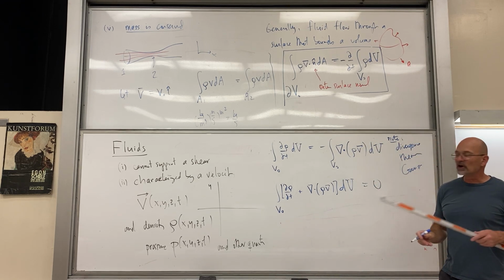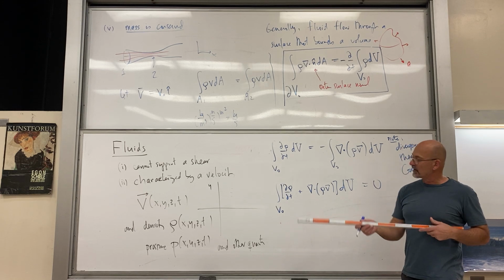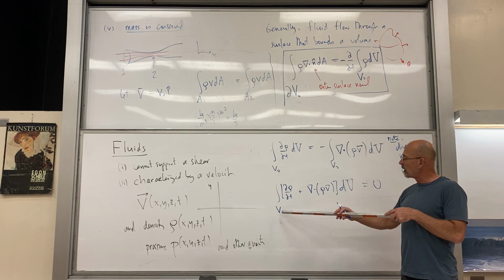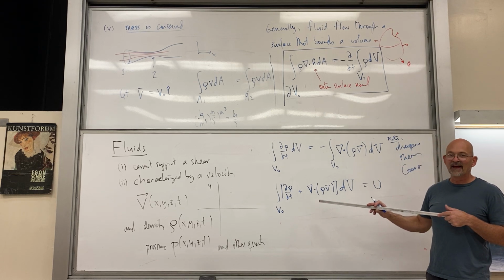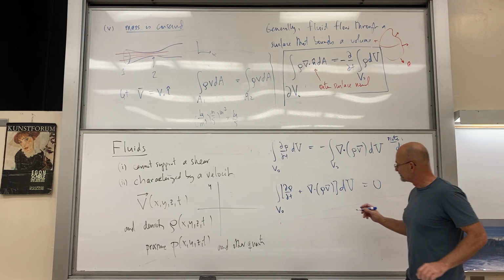And now we're going to make an argument that's just like the fundamental lemma of the variational calculus. This is an arbitrary volume here, and therefore the integrand has to vanish. Okay.